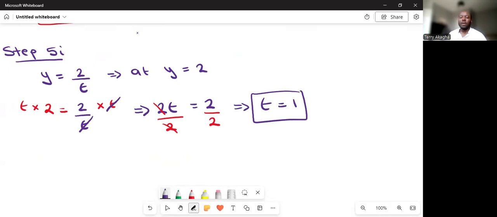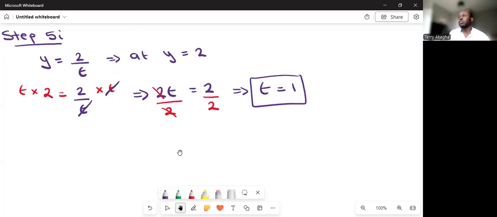All right. Now, the next part, step 5(2), says substitute the value of t into dy over dx from step 3 to get the gradient. It's very important that you go to the video and see all the steps.